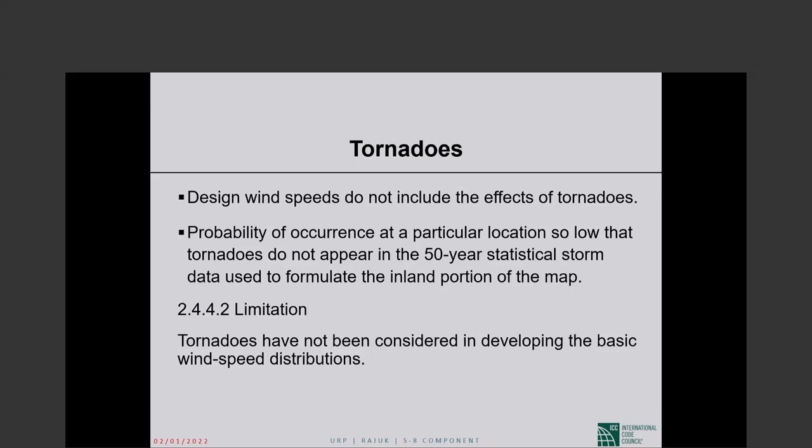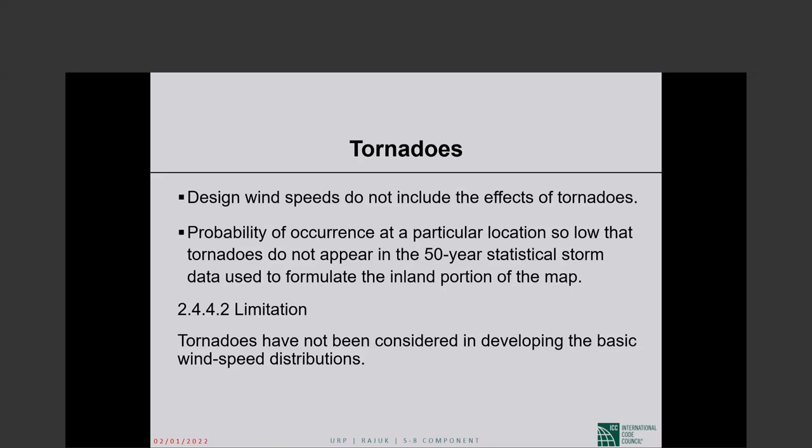Tornado design is being brought into the standard, but we obviously won't go there today. And ASCE 7-22 is barely out. The electronic version is out, the printed version is not out yet. So it is brand new, not adopted by anybody, just developed. Design wind speeds do not include the effects of tornadoes.